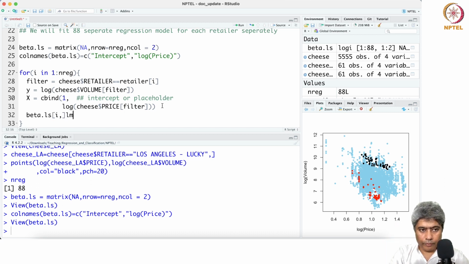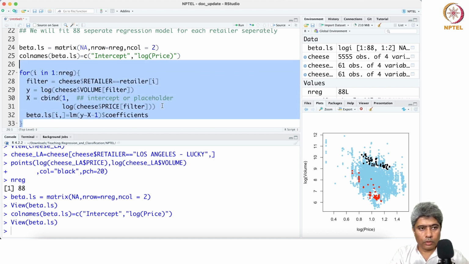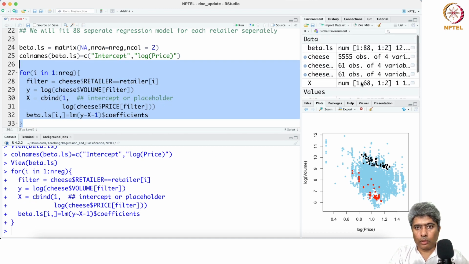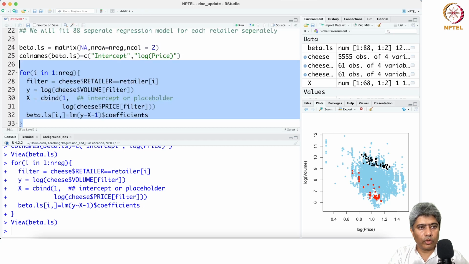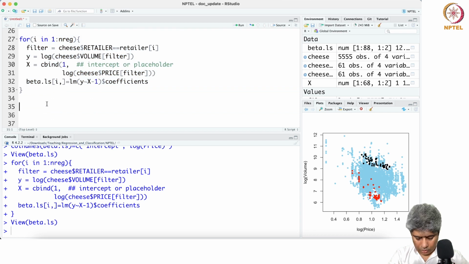equals lm(y ~ x - 1)$coefficients. Now if you just say beta.ls, these are the coefficient values of the intercept and the coefficient of log price.